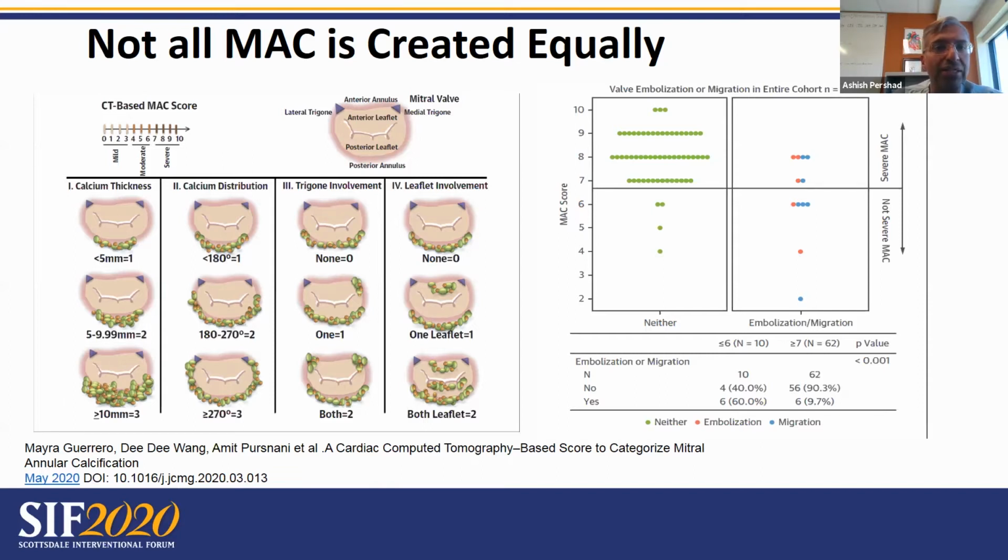The take-home message from this paper was that severe mitral annular calcification, defined as a calcium thickness of 10 millimeters or greater throughout the annulus, gave you 3 points. If it was between 5 and 10, you got 2 points.